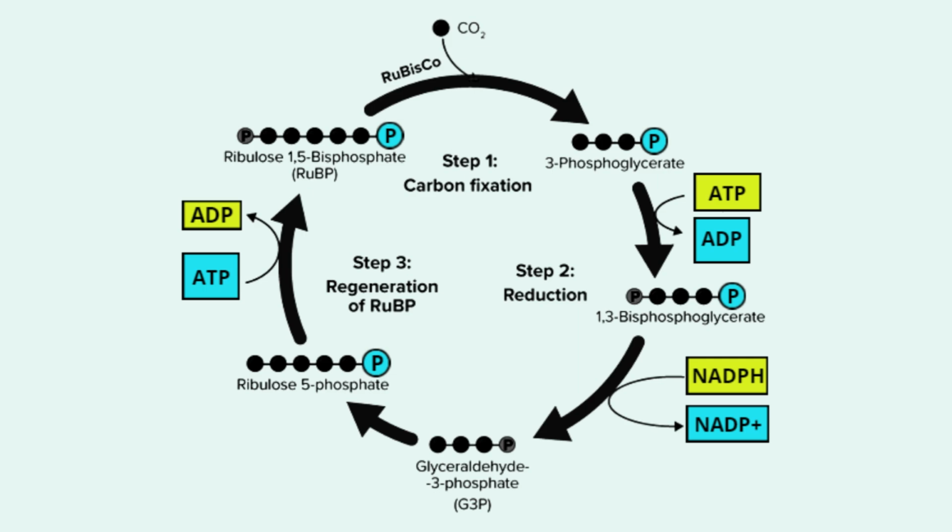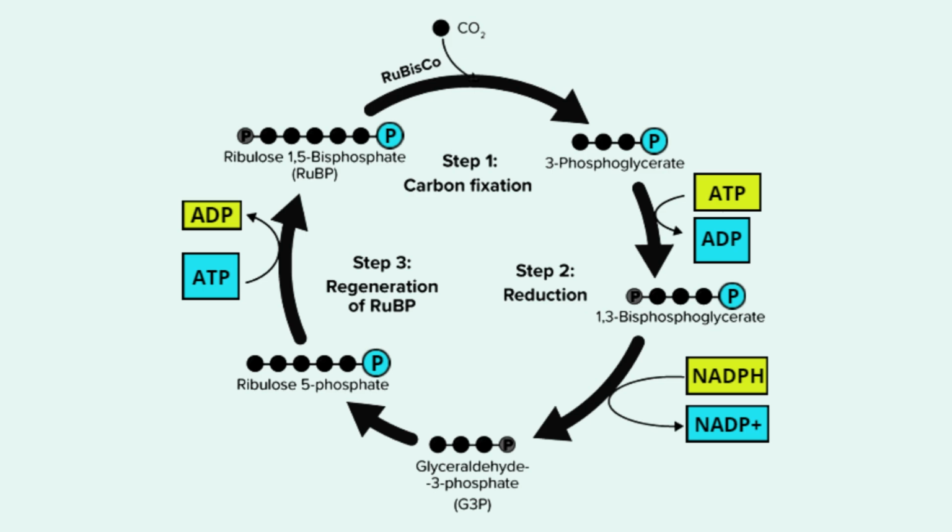And here is how it happens. Several molecules of glyceraldehyde 3-phosphate are rearranged through a series of enzyme-controlled steps. The rearrangement produces ribulose bisphosphate again. That's why it's called a cycle.